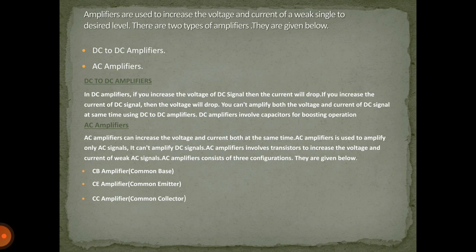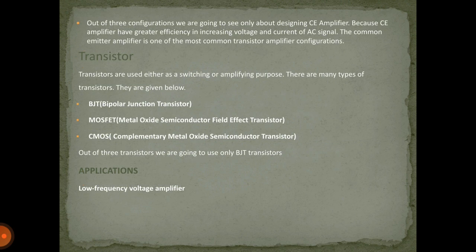They are given below: CB amplifier, common base; CE amplifier, common emitter; CC amplifier, common collector. Out of the three configurations, we are going to see only the design of the CE amplifier, because the CE amplifier has great efficiency in increasing voltage and current of an AC signal.